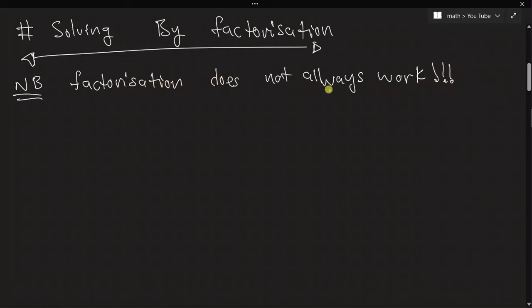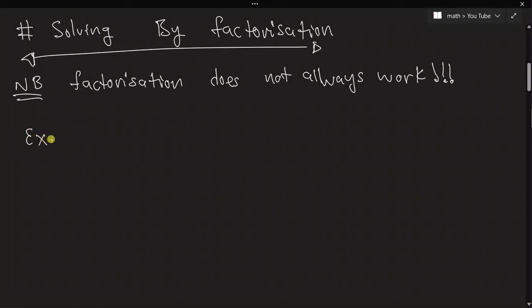It can work on solving certain types of quadratic equations, those that can be factorized. So those that cannot be factorized, this technique fails, and therefore we will need other techniques to cater for all that. But to learn how to use this technique, we are going to look at a few examples.